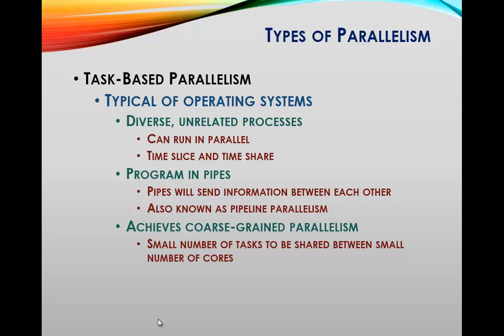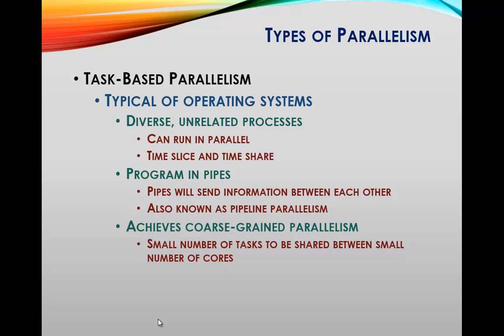So you could have a bunch of different kinds of processes that could be completely unrelated, and then you could timeshare them, basically have each core process each of the tasks for a certain period of time before moving to another task, and then going back and forth.